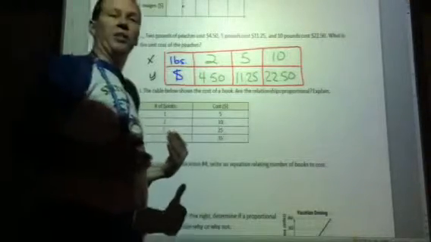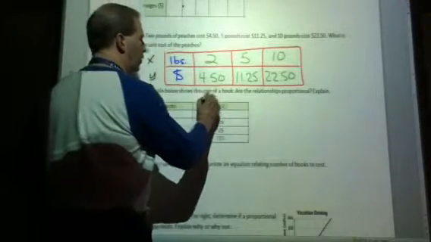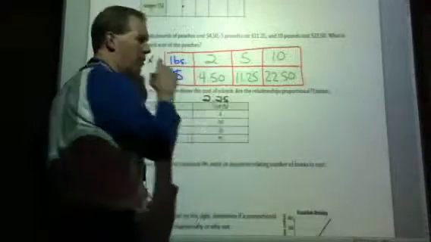And just like you did when we were trying to determine a proportional relationship, let's take our bottom number divided by your top number. So 4.50 in your calculator, 4.50 divided by 2, and we're going to get $2.25, or 2.25.